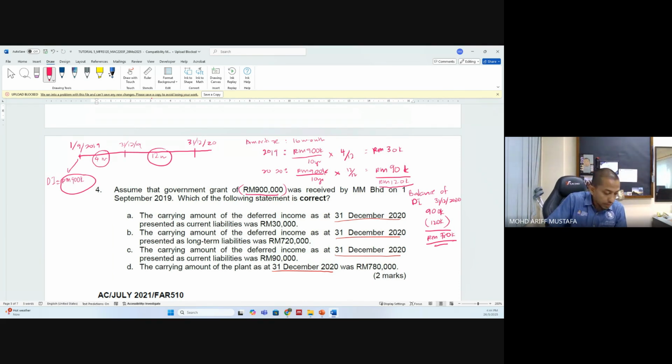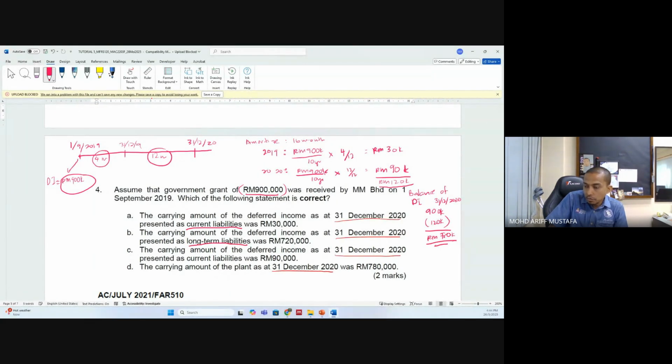The carrying amount of the deferred income as at 31st December 2020, presented as current liability. Now the question asks you to focus on current liability and long-term liability.